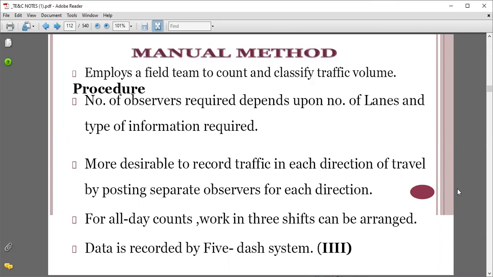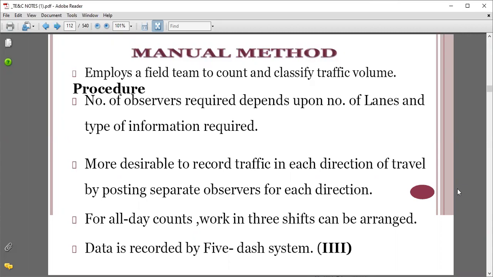After that, if we count in this way, then automatically we'll understand at which time is the peak hour, at what time the traffic volume is more. For example, within 9 to 10 or 10 to 11 a.m. in the morning, the number of vehicles on the road is more.